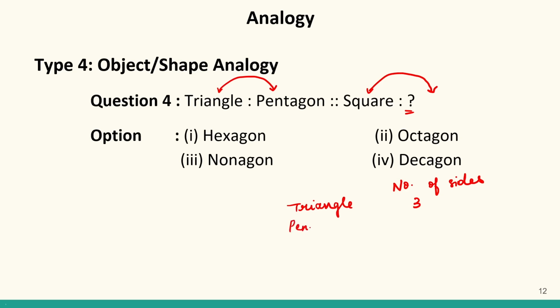How many sides are there in a pentagon? We have 5. So here I can see that we are adding 2 sides to the image. So if a triangle has 3 sides, a pentagon has 5 sides. This is what a pentagon looks like, right? This is a pentagon.